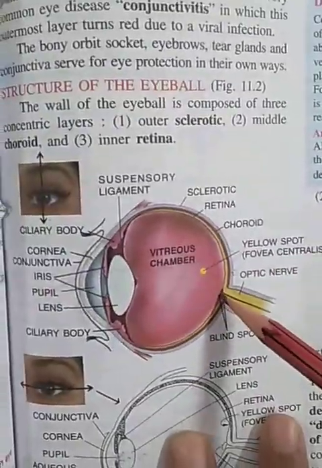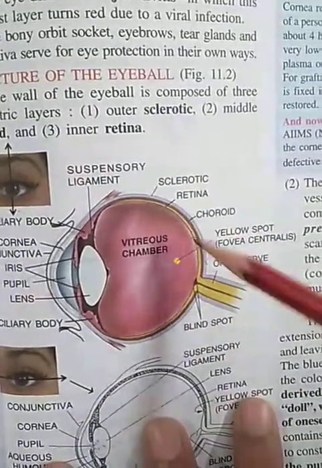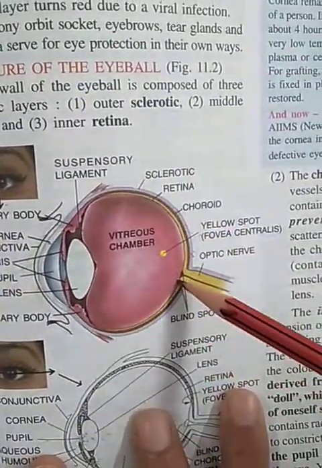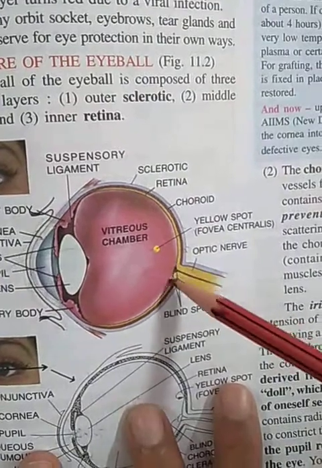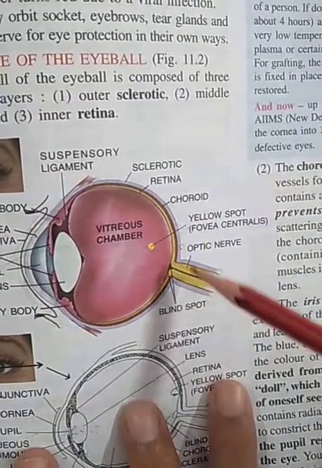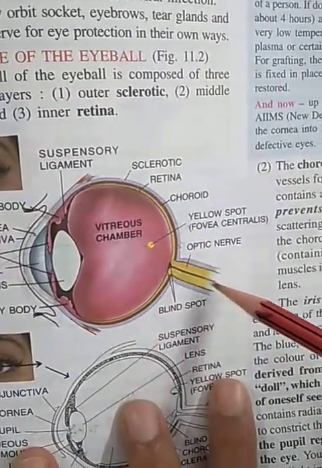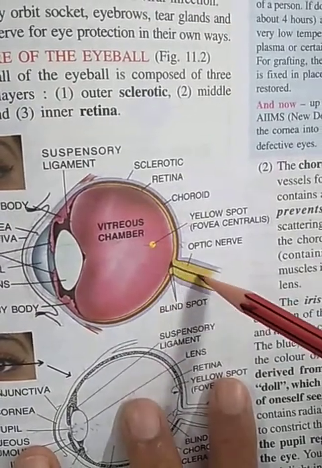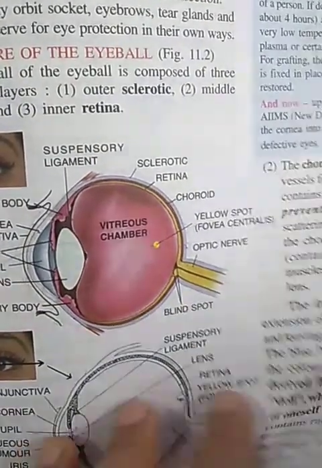So here you can see students that this is the blind spot, and the nerve fibers from all the sensory cells come here and reach here, and then they get converged at a point, and then they bundle together and leave the eyeball in the form of optic nerve.